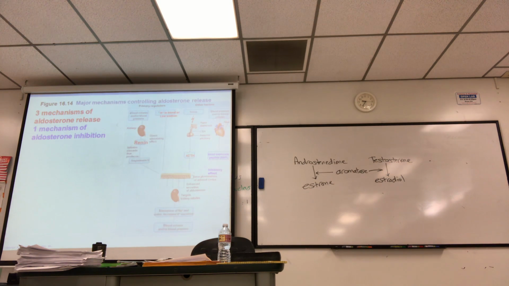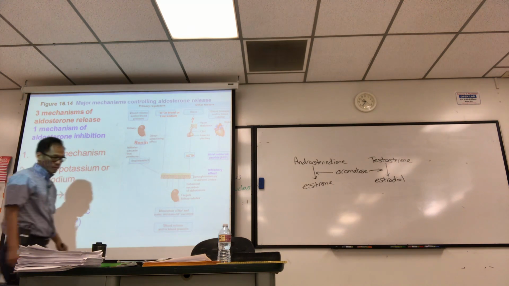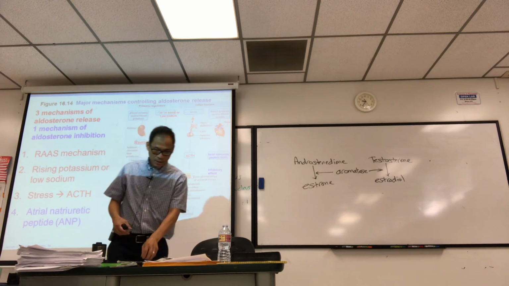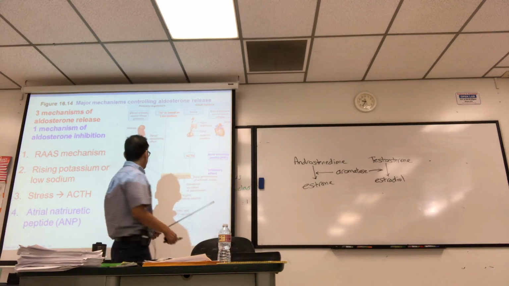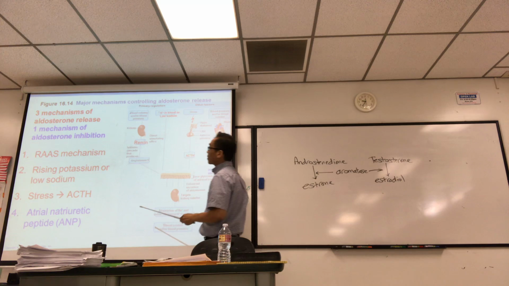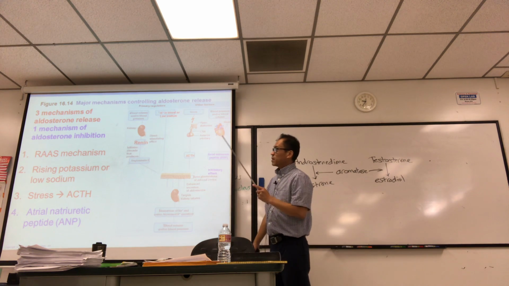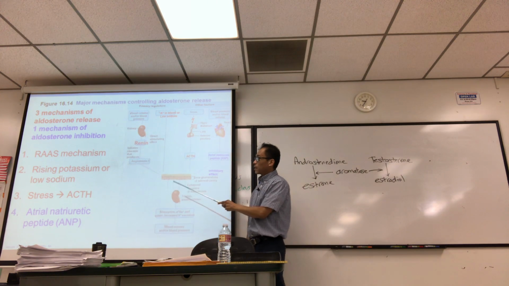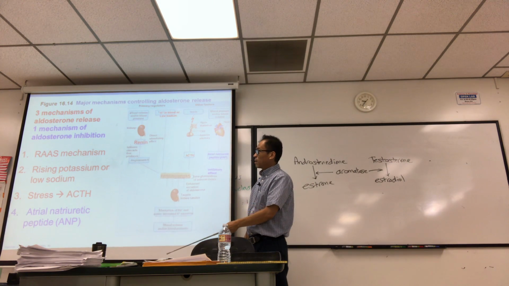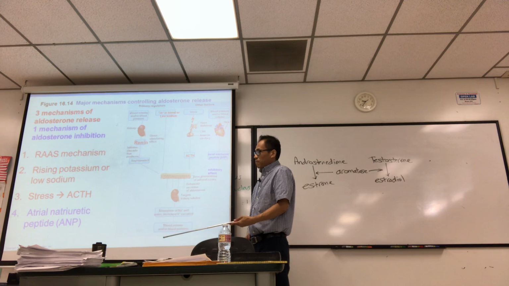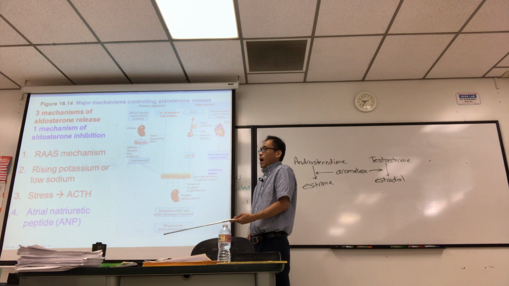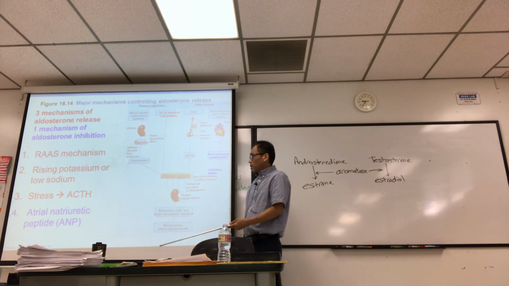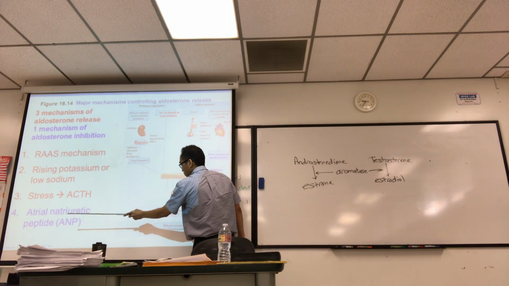Here's a figure from the book that helps you understand that. I have it outlined what you need to know. Let's look at the picture too. There are three mechanisms to stimulate its release. Here's zona glomerulosa, and one way to inhibit it. If blood pressure is too high and you want to lower it, I'll start with this one.